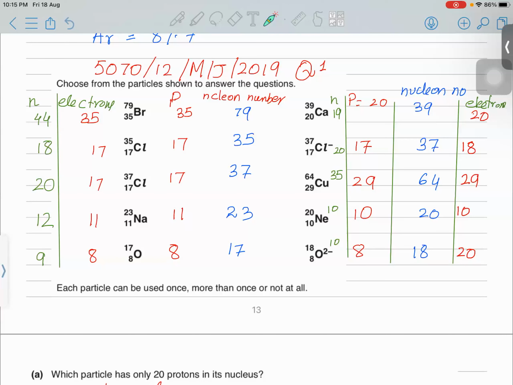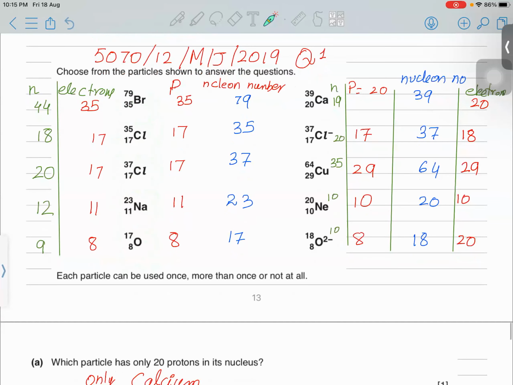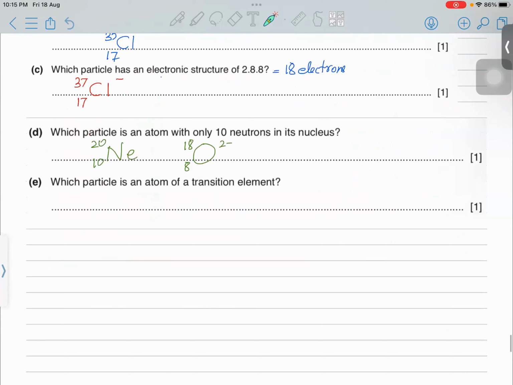Bromine is not a metal. Copper, yes, copper is correct. Only copper, 64 and 29. Now, next question.